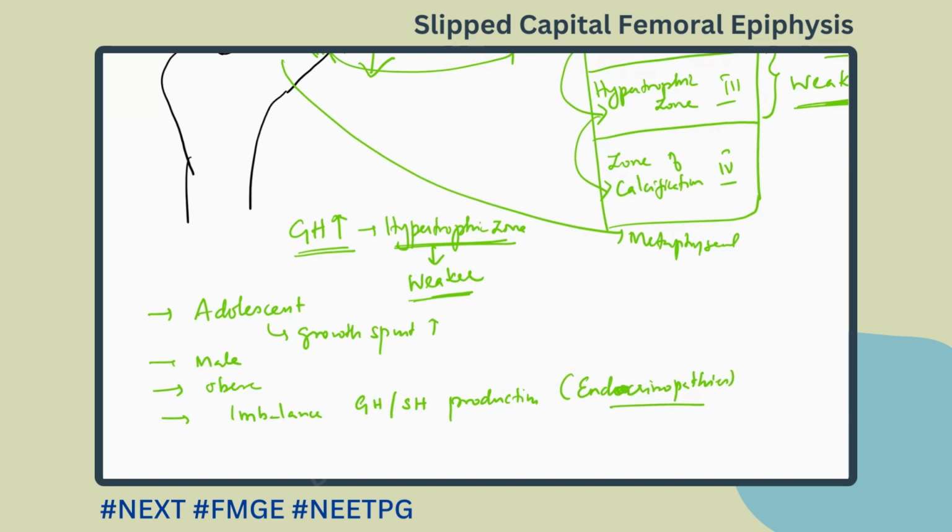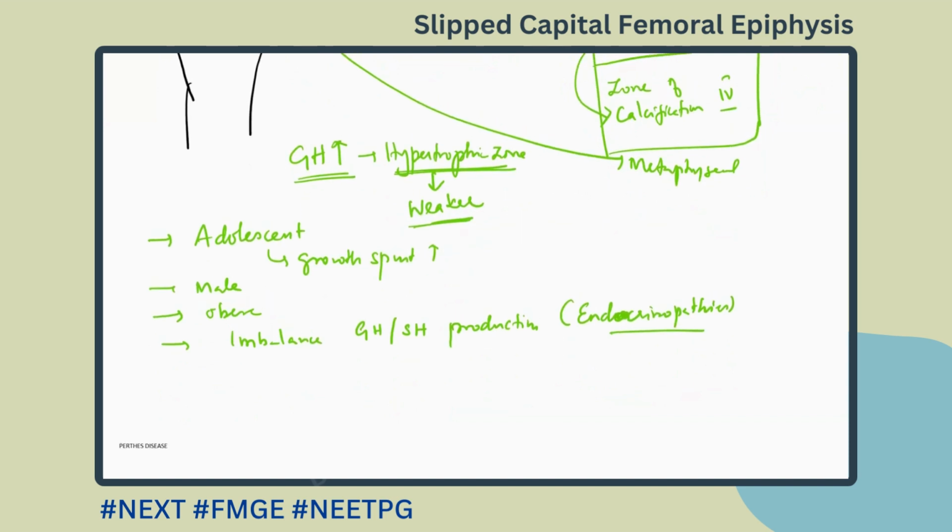Once the dislocation happens like this, abduction and internal rotation are restricted. So the hip will have reduced abduction and reduced internal rotation if this condition happens.